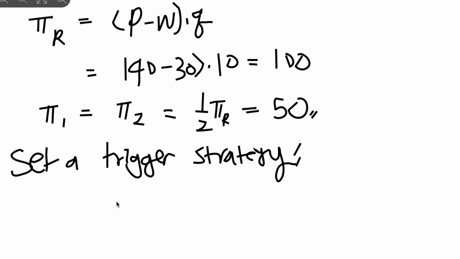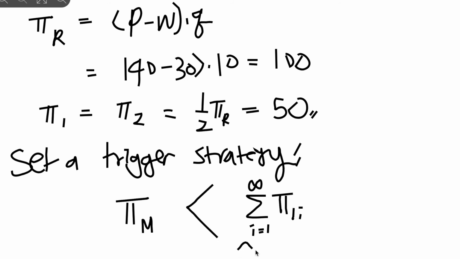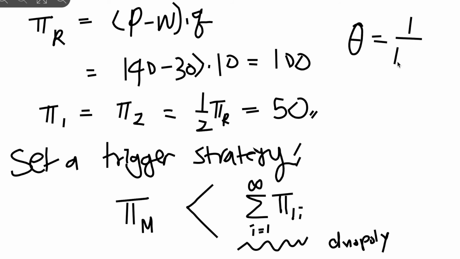So we look at the profit of one-time monopoly, and the aggregate profit for firm 1 in each period summed up, for year 1 to infinity. What we want to do is set a trigger strategy, so that the value of the aggregate duopoly is bigger, right? We want to set that.